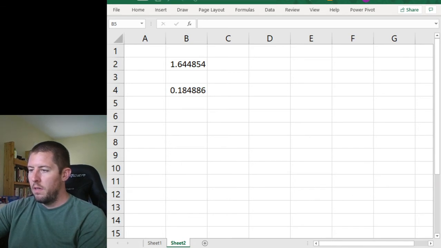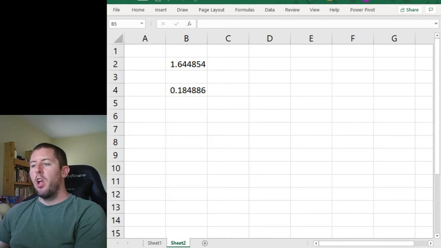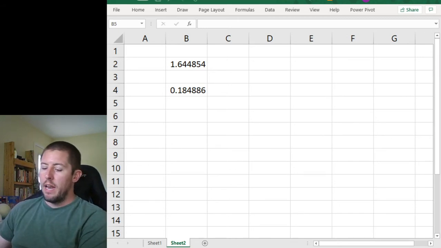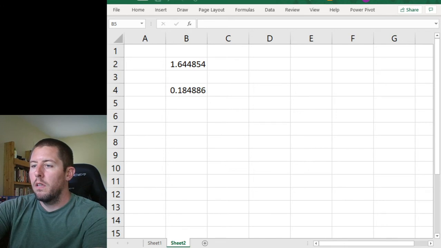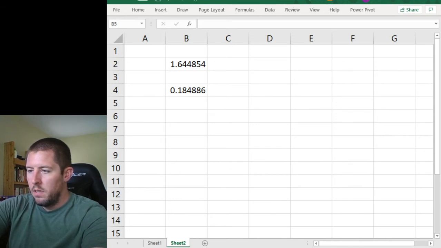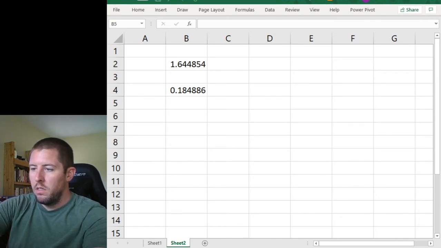This is my p-value. This p-value now is saying to me, if the null hypothesis were true, this p-value suggests that if we were to perform this whole experiment again, there's about an 18.5 percent chance that we'd see results at least as extreme as we saw here.